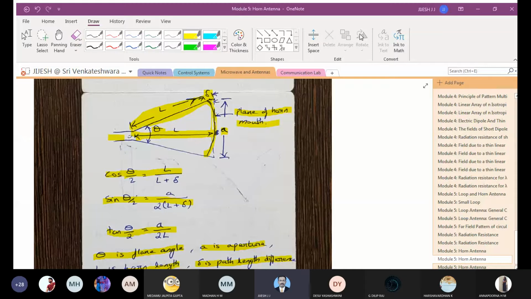Draw that diagram, and the theory portion I have already sent you.